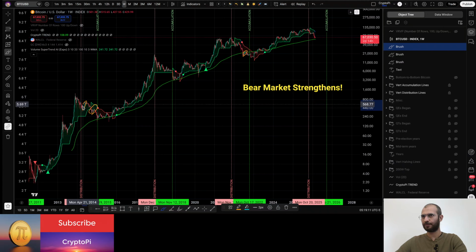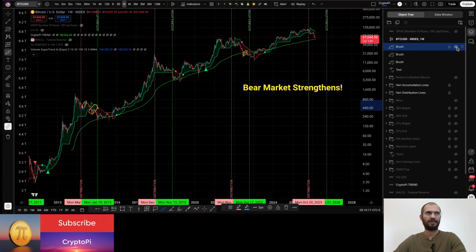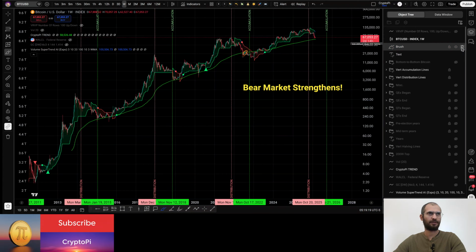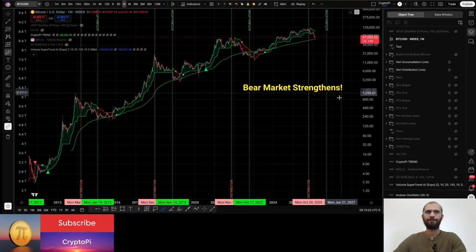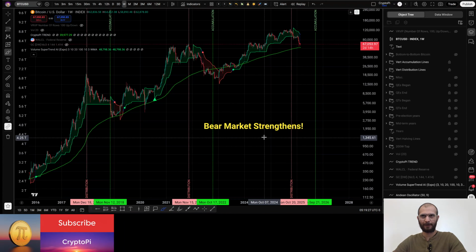Over here was also quite a good pullback. And this kind of short rallies during the bear market basically traps the traders who are in some way biased towards a bull run which will extend more than 3 years.